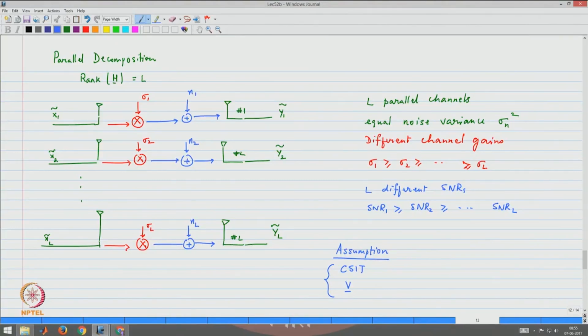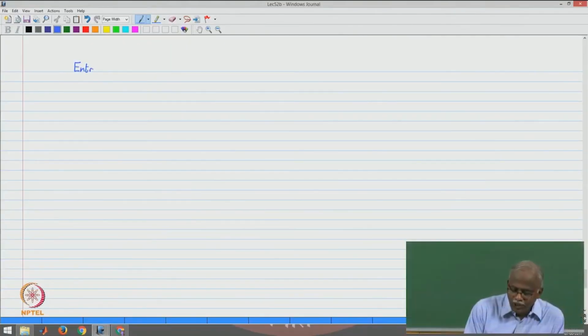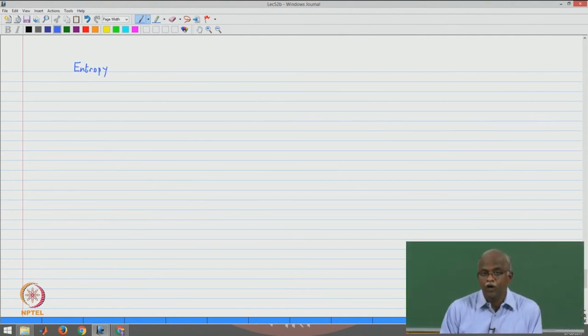So, in that regard, in the next lecture, we will be studying an important element which pertains to our understanding of the concept of entropy. This is the same as the entropy that we would discuss in information theory.